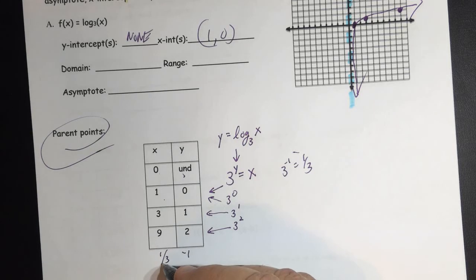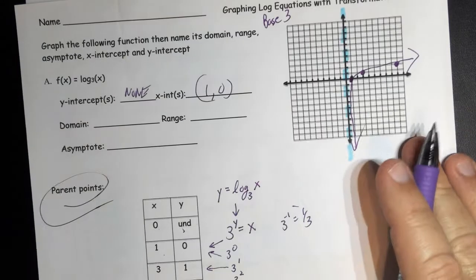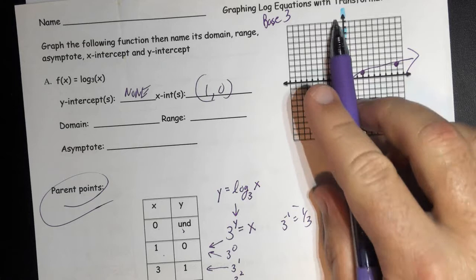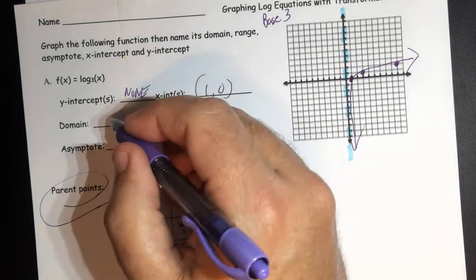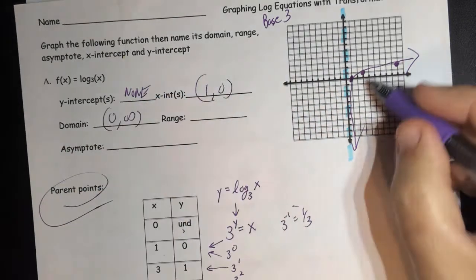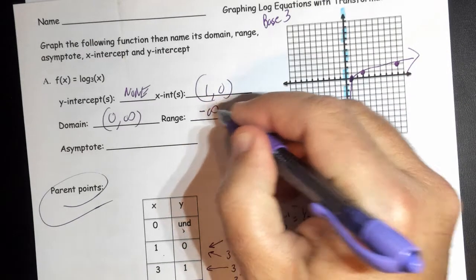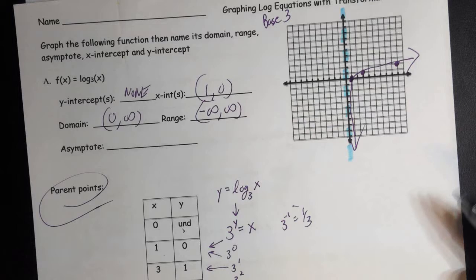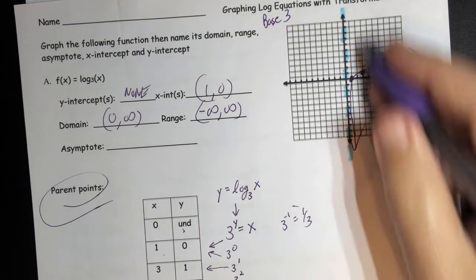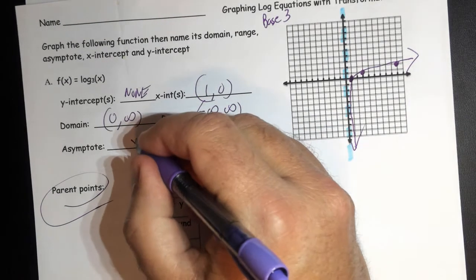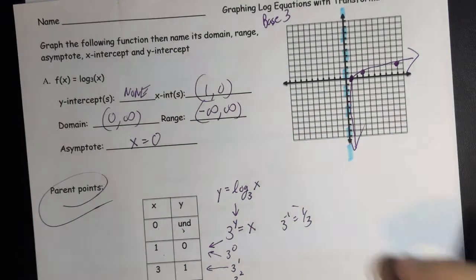So notice it's still positive, so it never gets to 0. My domain is going to be from 0 to infinity. That's farthest left to farthest right. Range, like the other logarithm, all real numbers, and the asymptote is here at x is equal to 0.